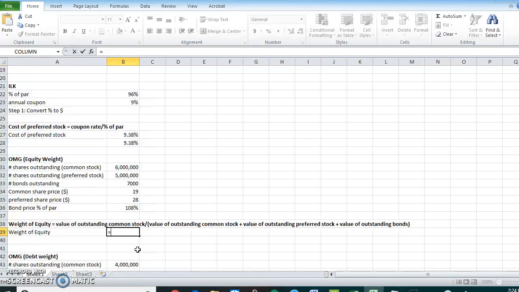So we start off with the value of the outstanding common stock, and that is 6 million, which is the number of shares outstanding, times the price of the share.